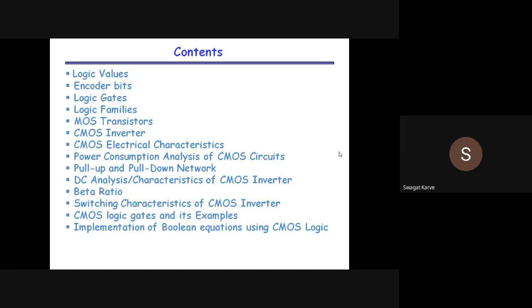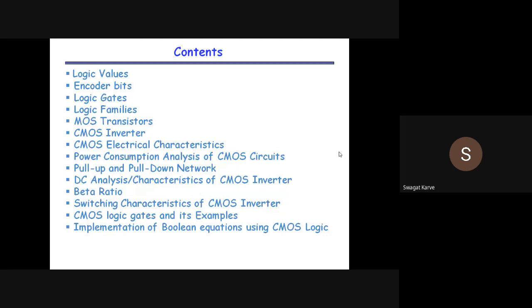Whatever the different logic levels that we can design, because if you consider transistor logic, or PTL logic, that is the pass transistor logic, for each and every logic family there are certain predefined logical levels, right?